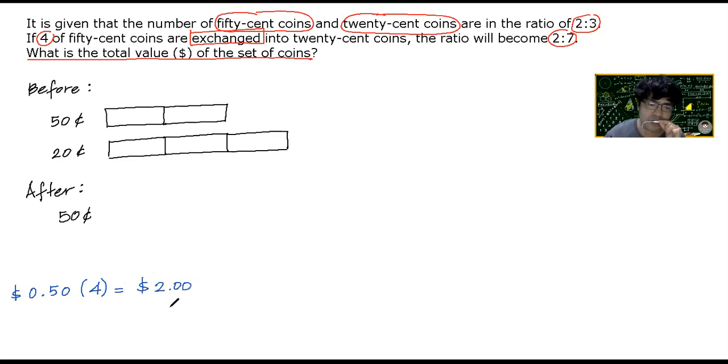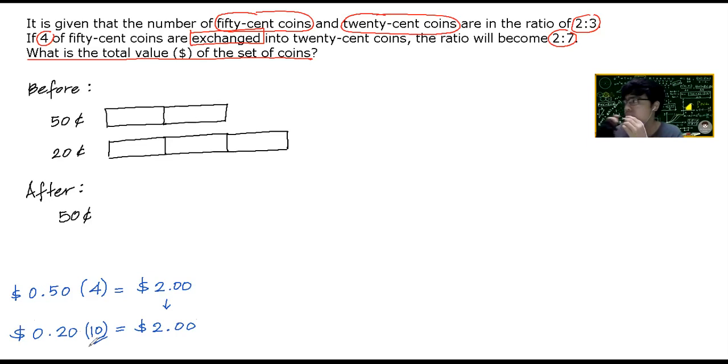Since when you're changing some coins that doesn't change the original value, there's supposed to be some number of coins that cost 20 cents each. The thing here is it must be 10 coins.